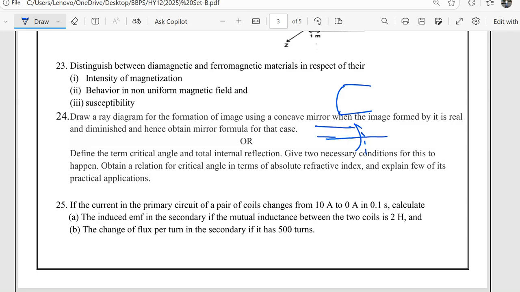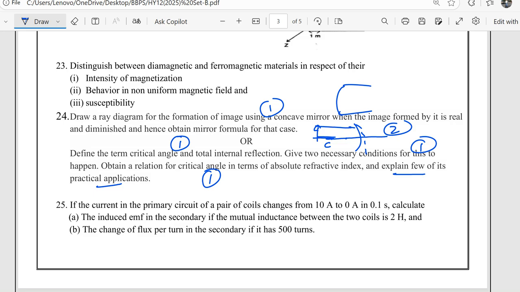So a complete diagram when the object is beyond C. A complete ray diagram will give you 1 mark, and then 2 marks for the derivation. And in the choice, the terms critical angle and total internal reflection, both 1 mark, two necessary conditions 1 mark, and the relation 1 mark. Whether you give practical applications or not, you will get 3 marks up to here.